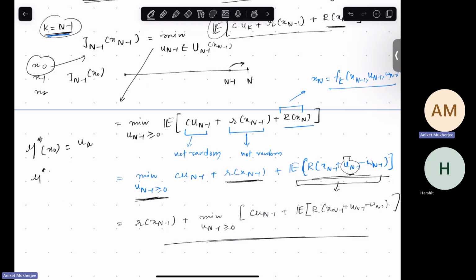Similarly, you do it for x1, you get u_b. Sorry, so you calculate J(x0), suppose you get some 2.5. J(x1) you get 1.5, and J(x2) you get some 0.5.